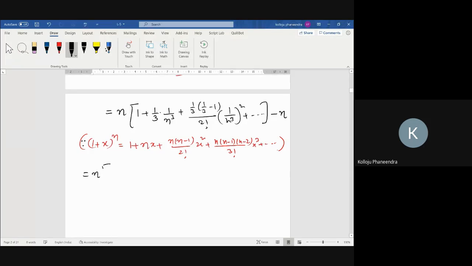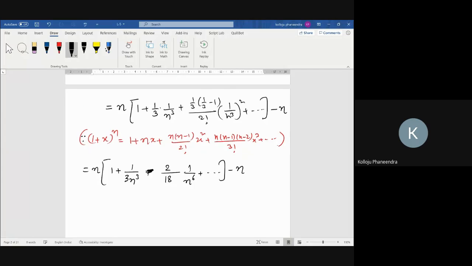The next step: n into (1 plus 1 by 3n cube plus, what is this? You will get 1 by 3 into minus 2 by 3, so this becomes minus 2 by 9, 9 into 2, 18, into 1 by n power 6 and so on), and this is minus n.